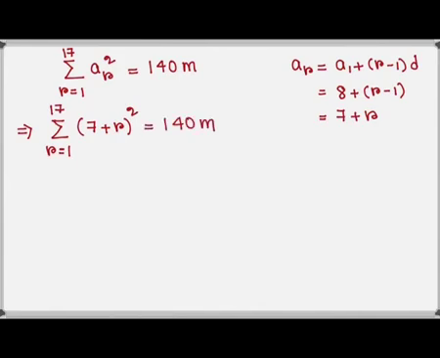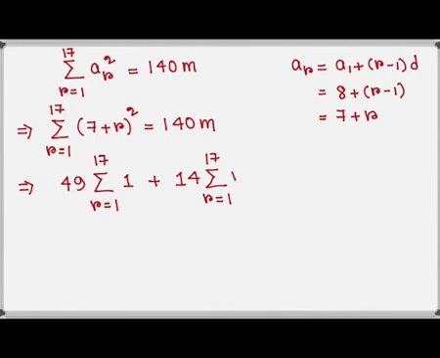Now splitting this, we get 49 into sum over r runs from 1 to 17, 1, plus 14 into sum over r is equal to 1 to 17 of r, and the last one is sum over r runs from 1 to 17, r square is equal to 140 m.